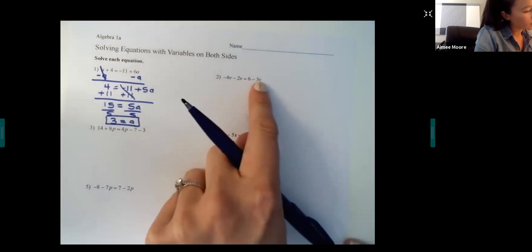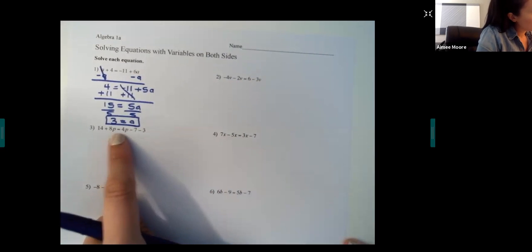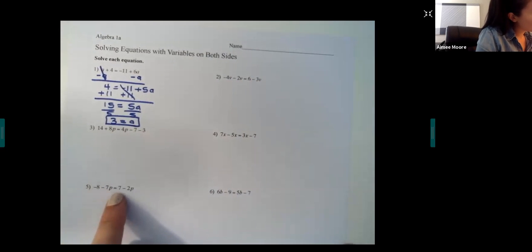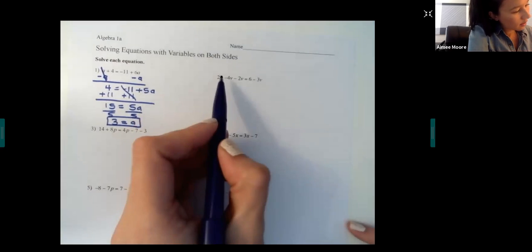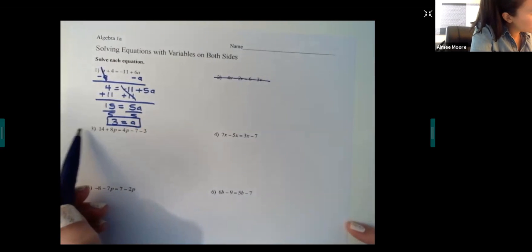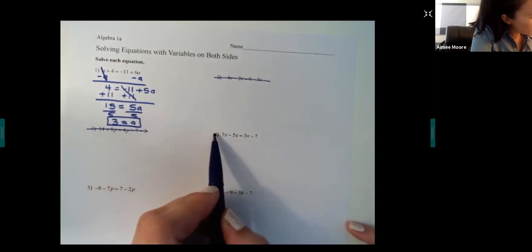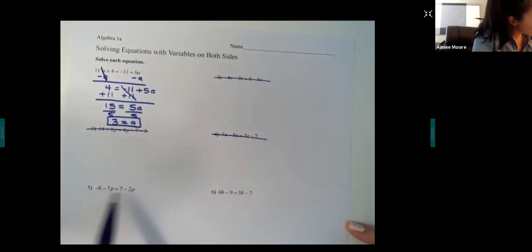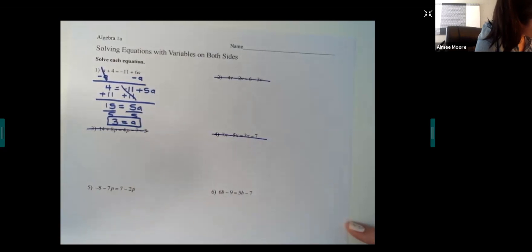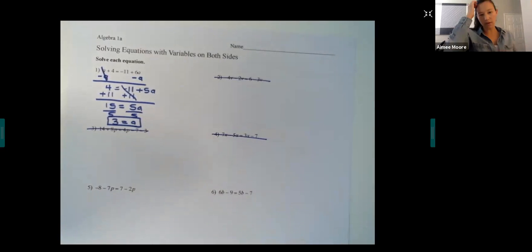These ones have like terms and variables on both sides. Okay, so let's skip 2, 3, 4. This one's a good one. That one's a good one. Not this one. This one. Okay, we only have 2 more.